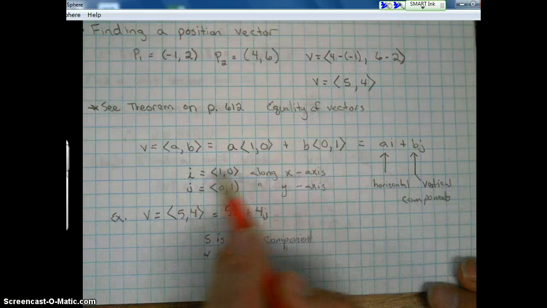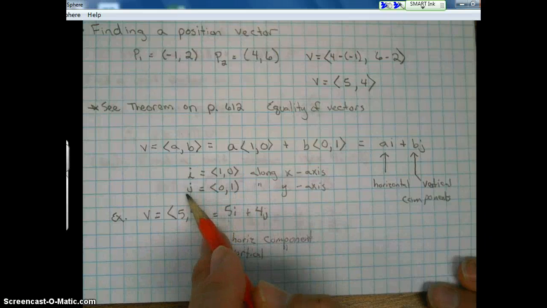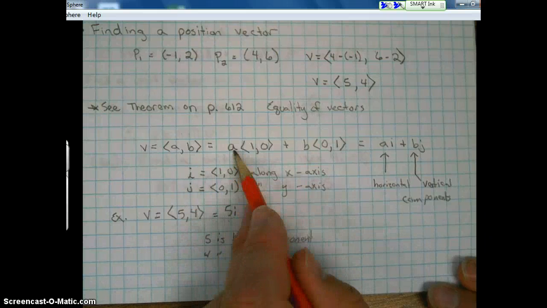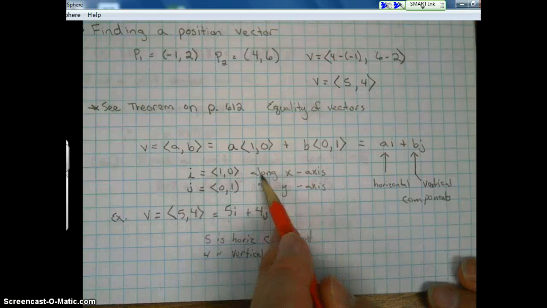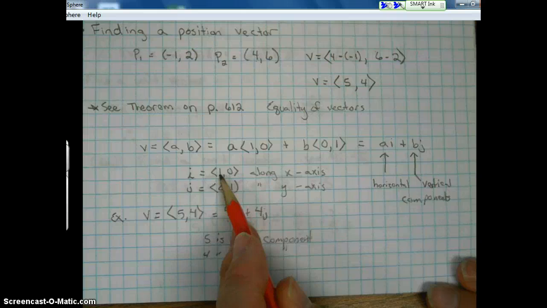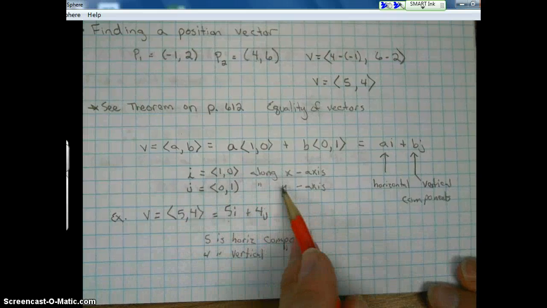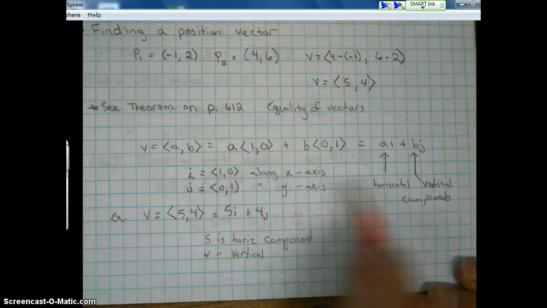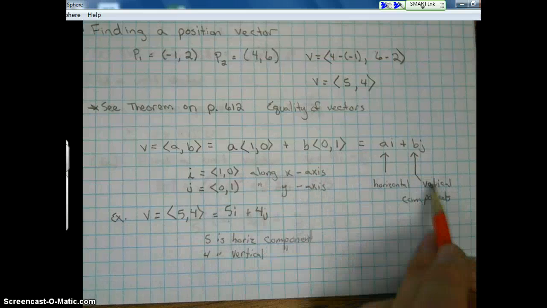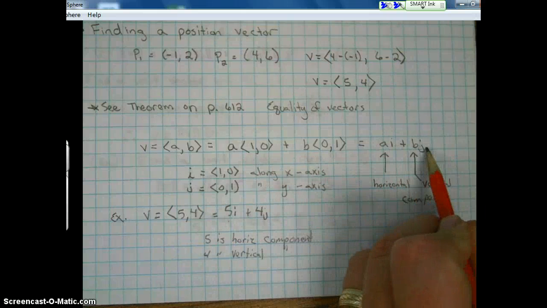And 1 comma 0 is i, 0 comma 1 is j. This first component is your horizontal component. It's along the x-axis. The j is going to be along the y-axis, and that is your vertical component. We would write it like this: ai plus bj.